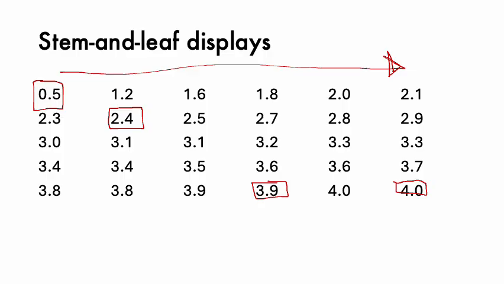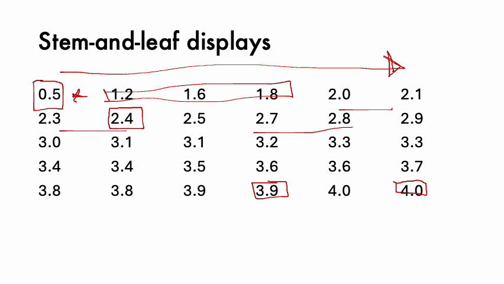Technically, we can stare at this table a pretty long time and start to glean information, right? We can see, all right, very few people have a 0 point something GPA. There's a handful of people with 1 point something GPAs. There's a lot more people with 2 point somethings.